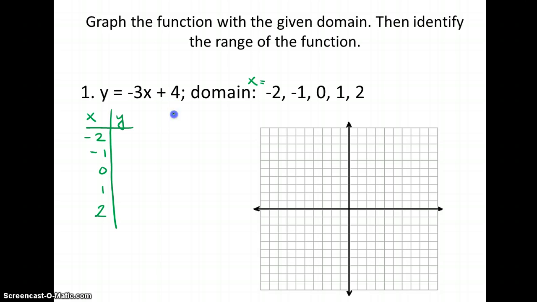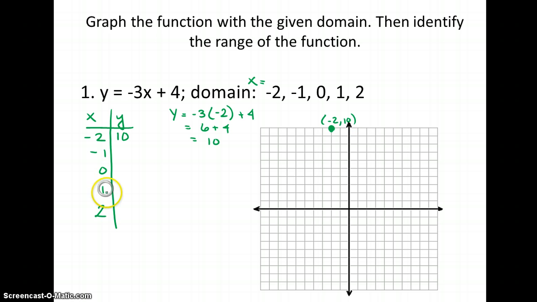For example, for the first one, which is -2, instead of x, we'll write -2 and then add 4. This will give us 6 plus 4, which is 10. To plot this point, we'll go to -2, 10. Labeling it -2, 10.